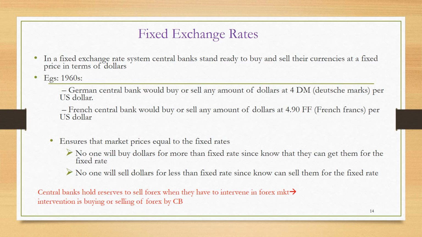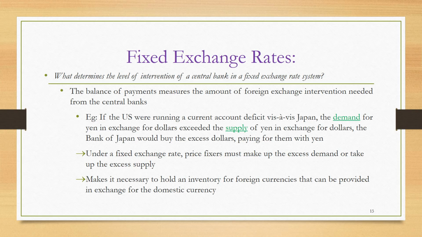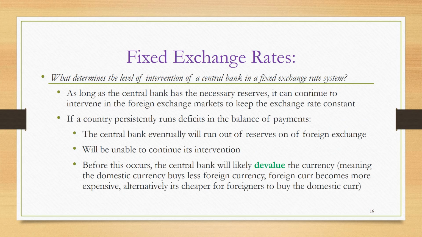So your central bank holds reserves to sell this foreign exchange when they have to intervene in the foreign exchange market. So as long as the central bank has got the necessary reserves, it can continue to intervene in the foreign exchange market to keep the exchange rate constant.